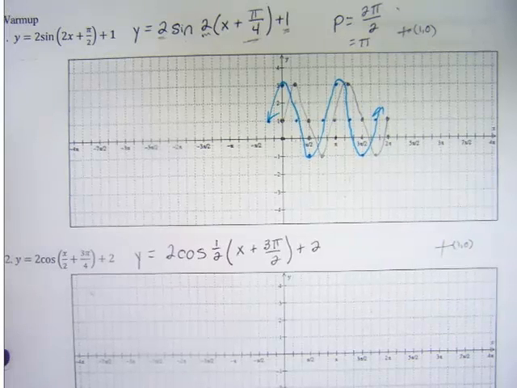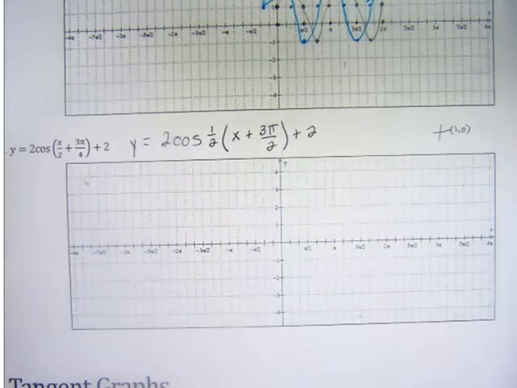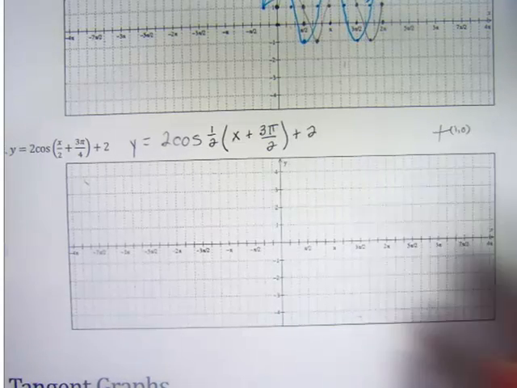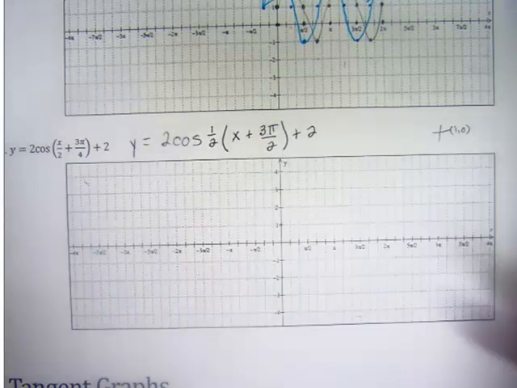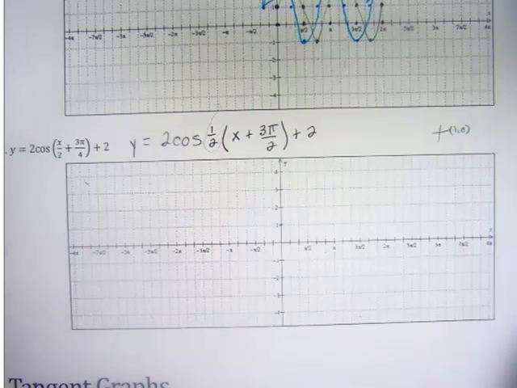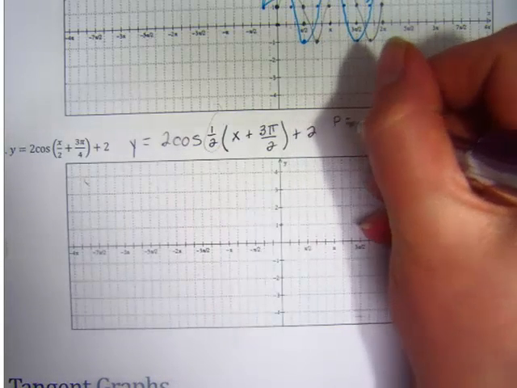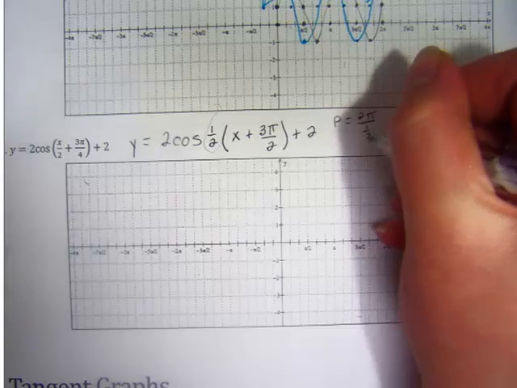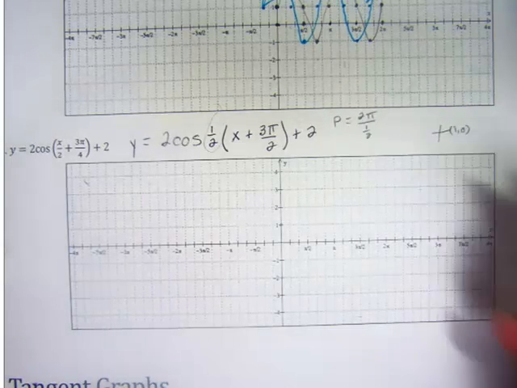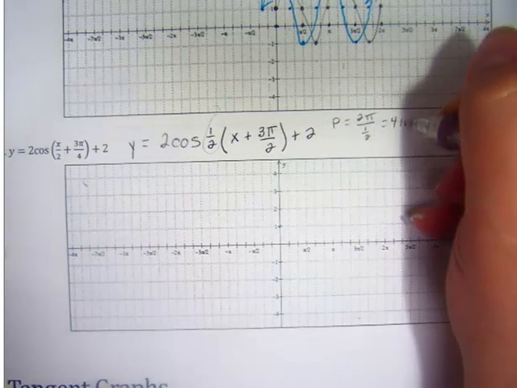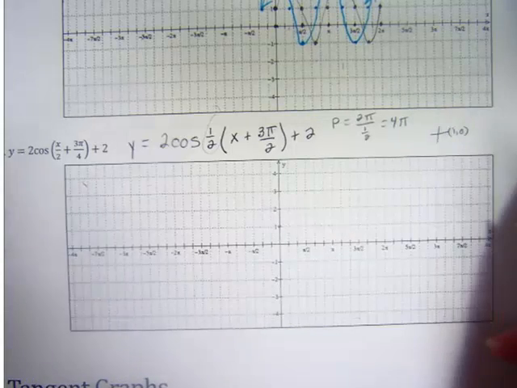Cosine starts at 1. So for my cosine, I start by maxing out at 1. Looking at my b value, my period is going to be 2 pi over 1/2. So multiplying by the reciprocal, my period therefore becomes 4 pi. So start to start is 4 pi.